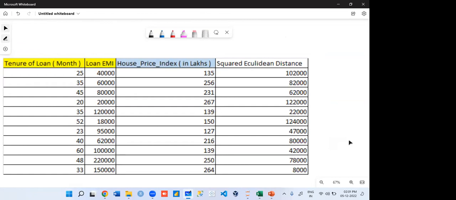Done everyone, getting the same values? Okay. Now, after calculating distance, the question comes: what should be the value of K?